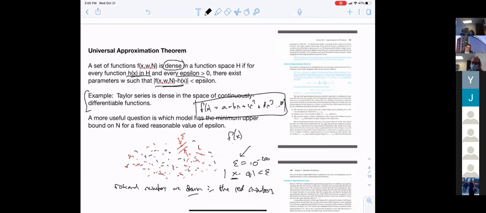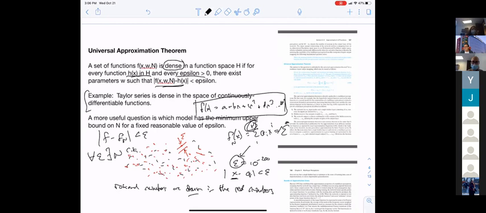Then I can take an approximation f_n where I just have the Taylor expansion from 1 to n of a_i x to the i. That's not equal to the situation where there's an infinite number of these, but if you give me epsilon, I can always find an n such that the norm of f minus f_n is less than epsilon. So for all epsilon, there exists an n such that f minus f_n is less than epsilon.